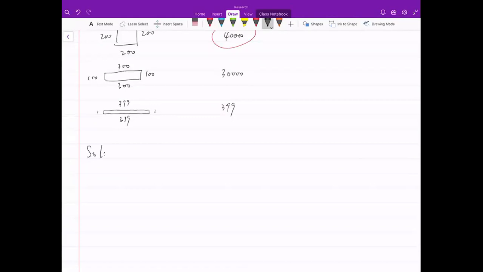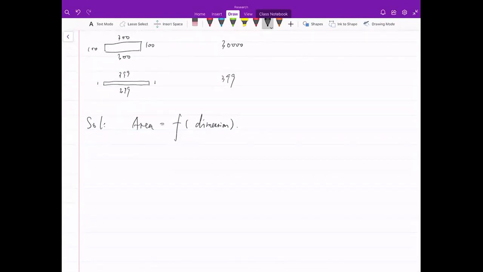You are trying to find the biggest area, which depends on the dimension. So what we would do is we would try to write area as a function of your dimension. When your dimension change, your area change. Still okay?